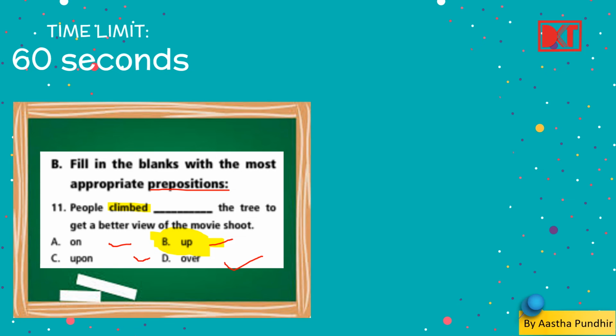Then we have over, which is used when we have to tell something which is a certain period of time, or maybe tell about something which is more than the estimation.